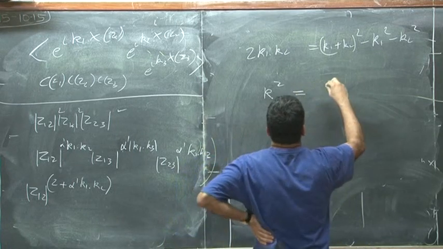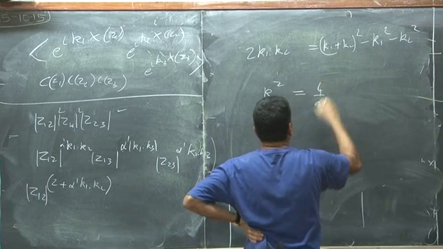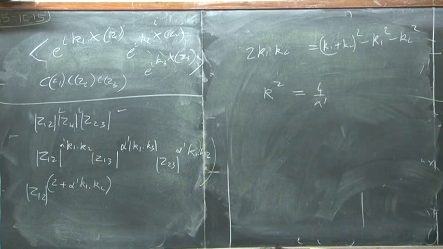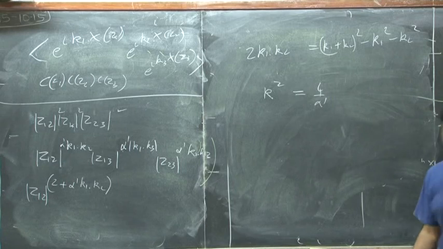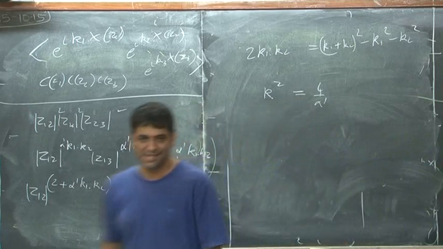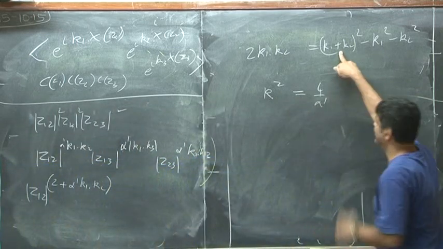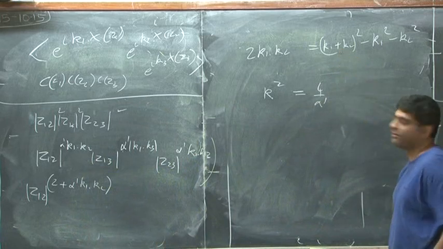So it is equal to 4 by alpha prime with a plus. Let me just check that it was plus. Yeah, because it's mostly positive. I think that's right. Okay. So each of these is 4 by alpha prime.